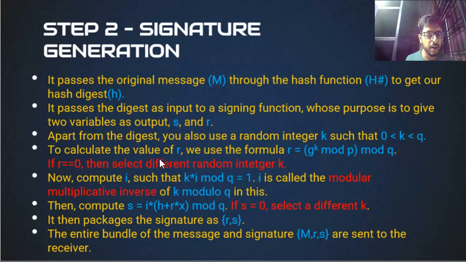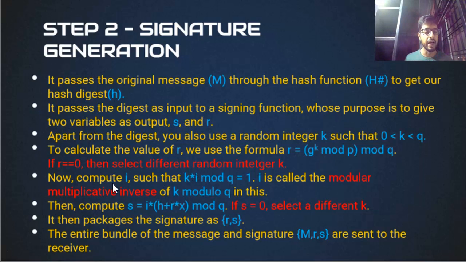To calculate the value of r, we use the formula r is equal to (g power k mod p) whole mod q. If r is equal to 0, then we select a different random integer k.